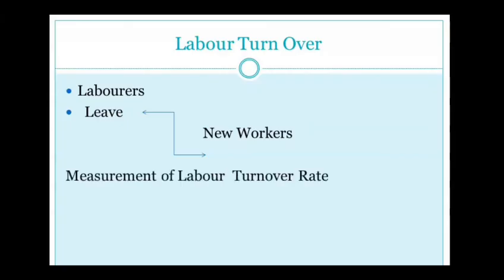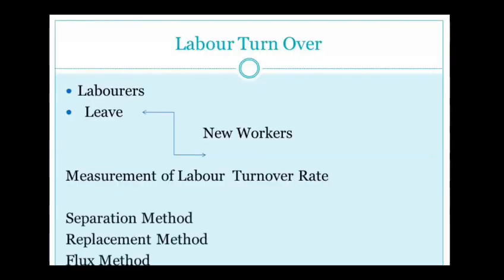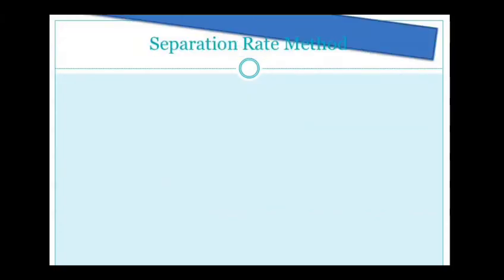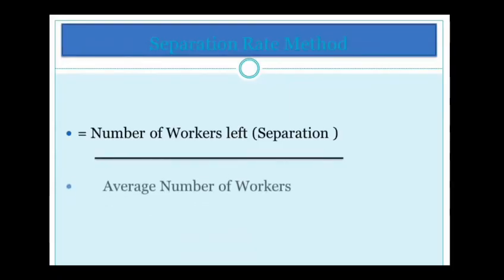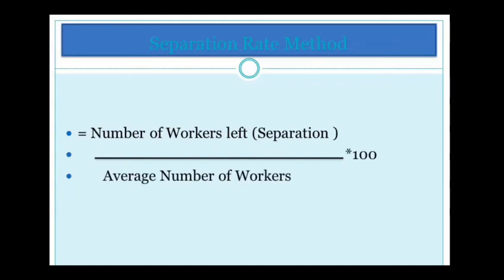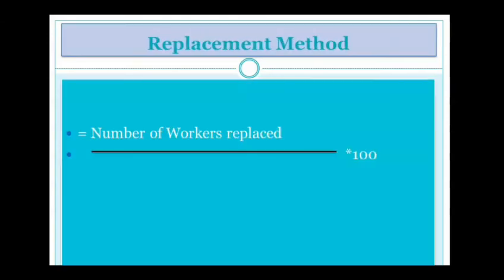For the measurement of the labor turnover rate, we can calculate labor turnover by three methods: the separation method, the replacement method and the flux method. The formula for the separation rate method is number of workers left (separated) divided by average number of workers, into 100. The next one is the replacement method.